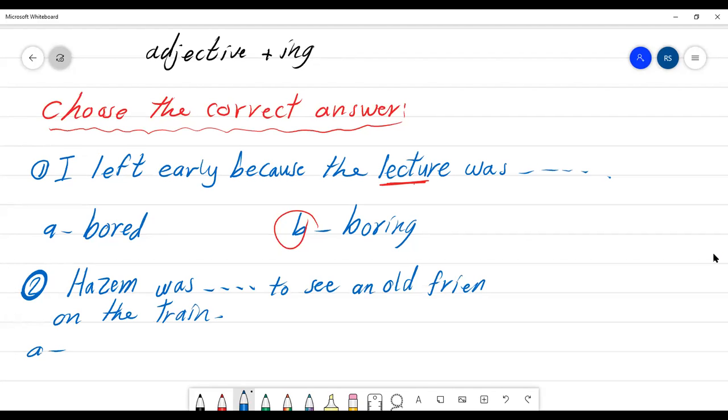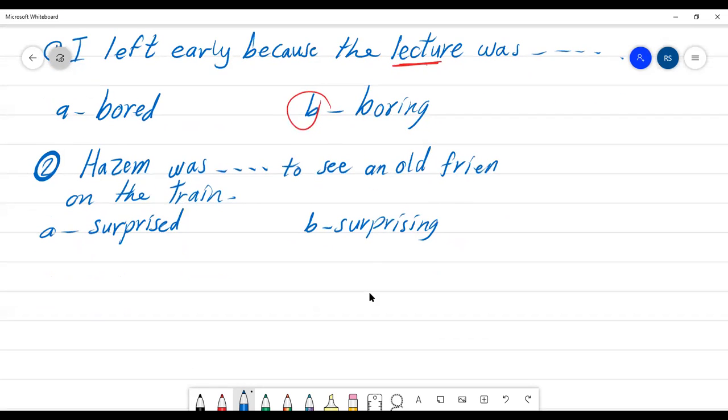Hazim was surprised or surprising. Hazim was to see an old friend on the train. Surprised, surprising. Who can answer, my friends?